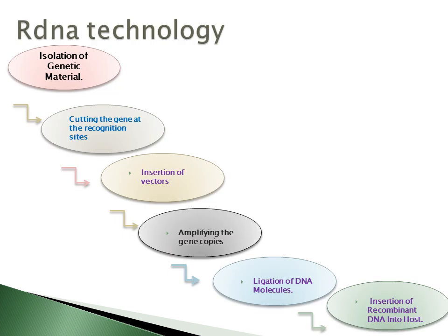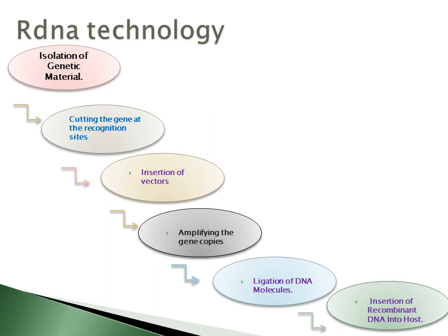rDNA technology involves the isolation of genetic material from the host cell, cutting the gene at the recognition sites, and the important point here is insertion into vectors. So we already know the importance of vectors in rDNA technology.